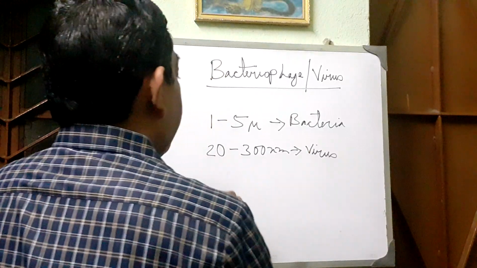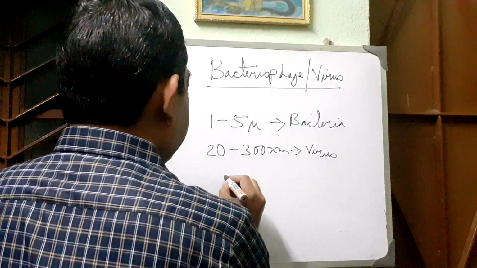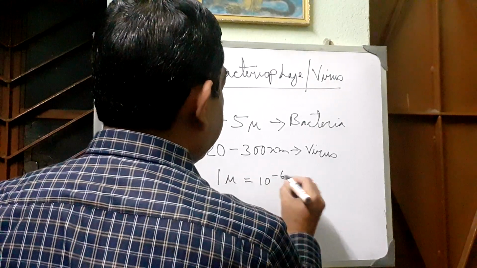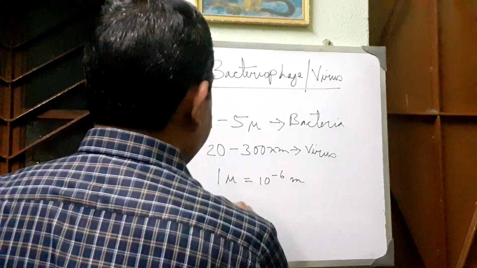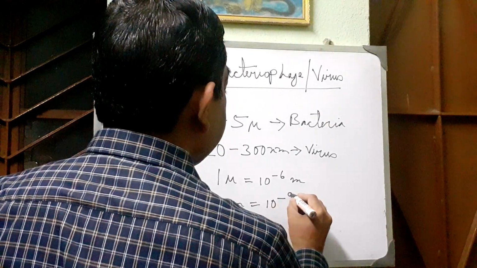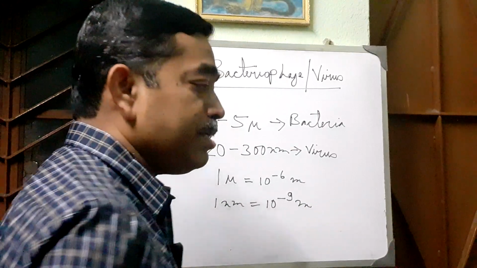You can imagine, 1 micron is equal to 10 to the power minus 6 meter, and 1 nanometer is 10 to the power minus 9 meter. So you can imagine how small this virus particle is.